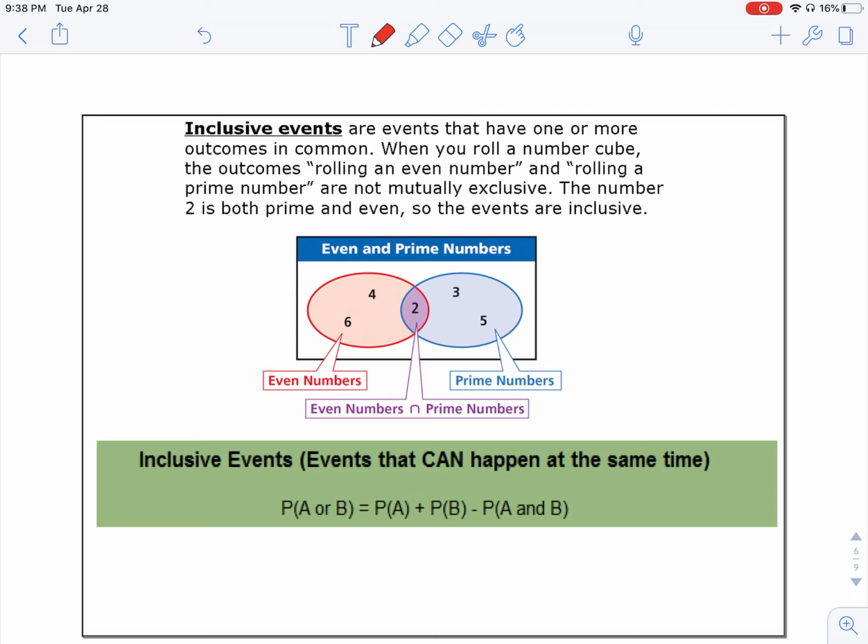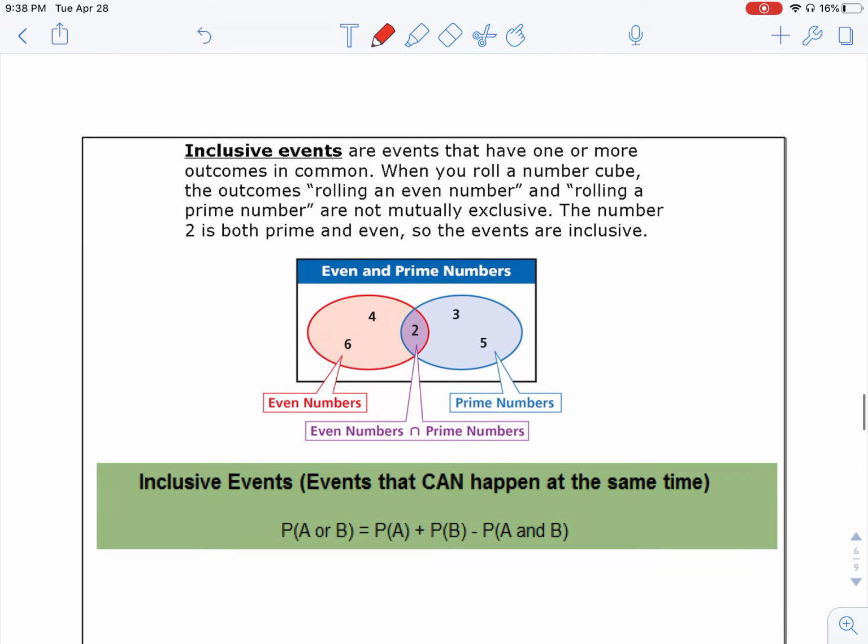Because let's just say we wanted to know the probability of rolling an even number or a prime number. Well, let's just say you calculated that and you're like, okay, how many even numbers are there? 3 out of 6. Plus, how many prime numbers are there? 3 out of 6. Oh, there's a 100% chance that I'm going to pick an even or a prime number, but not really, because 1 is not even nor prime.